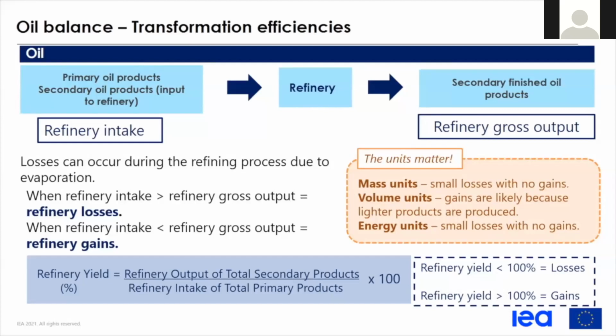Due to evaporation, you would lose in total a little bit of the carbon content, so of the energy contained in those products. But in volume units, if you calculate, for example, in liters or cubic meters, you would expect some slight gains because the secondary oil products that you are creating in your refinery are lighter and occupy more volume at the end of the refinery process.